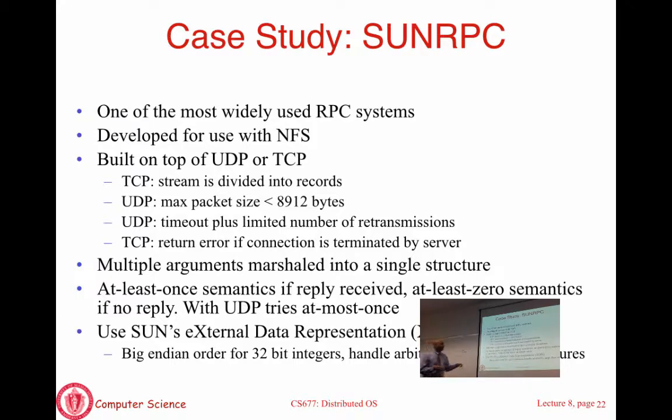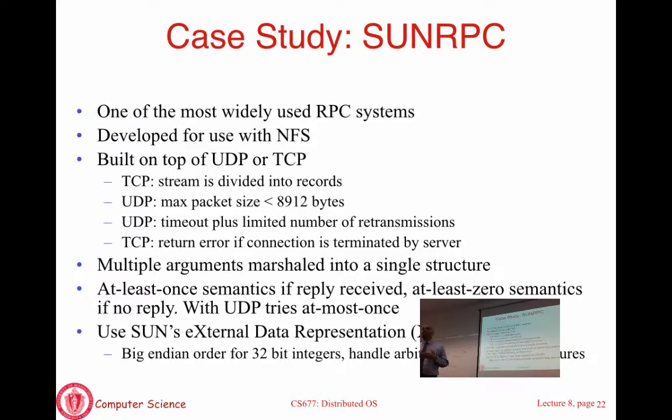And as I talked about last time, SUNRPC also defined this notion of XDR, which is an external data representation that allows SUNRPC to work over heterogeneous platforms. You don't have to worry about whether the client is little endian and the server is big endian. Everything that you send out is first translated to an external data format, which is universal.